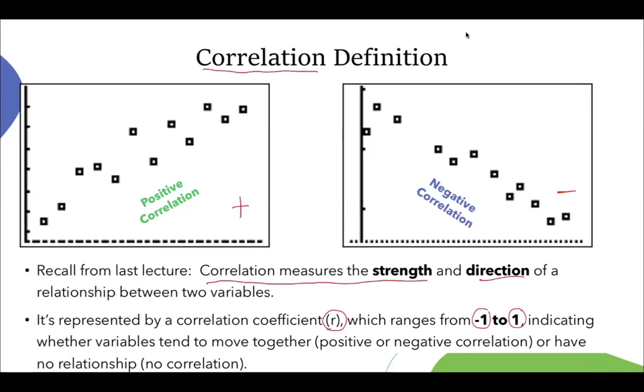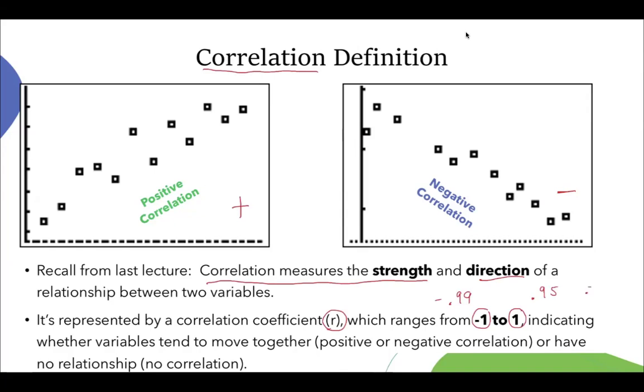So an R of -0.99, for example, would be a strong negative correlation, and an R value of +0.95 is a strong positive correlation. Let's look at two other R values.